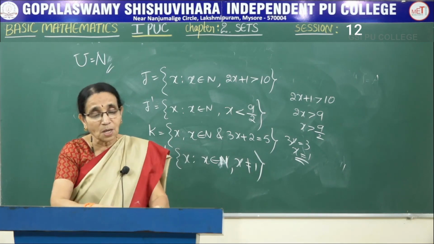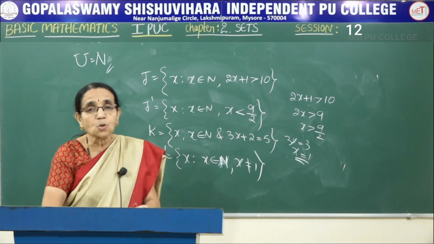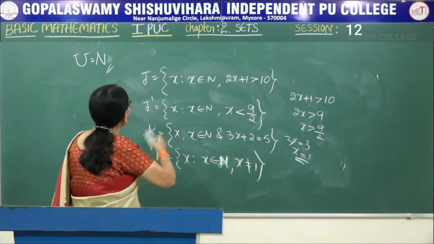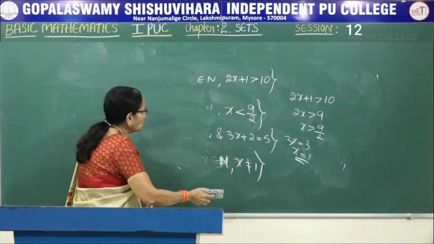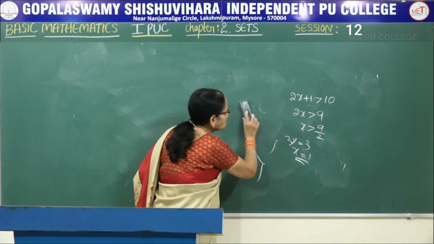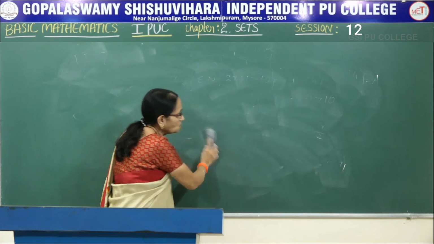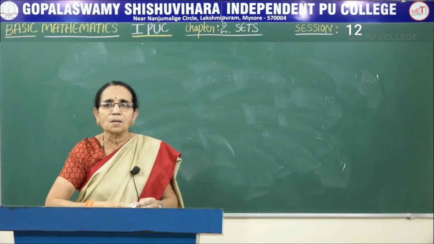So sometimes, for a 3 mark question, they may ask you to prove De Morgan's law. De Morgan's law means, A union B whole dash would be equal to A dash intersection B dash, or A intersection B whole dash would be A dash union B dash. So two operations would be there. Left hand side union means right hand side intersection.